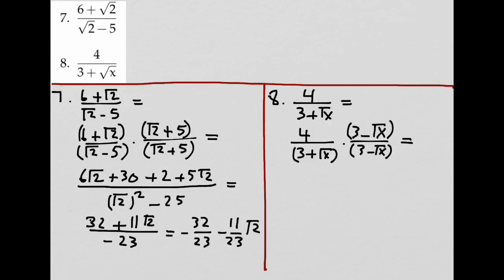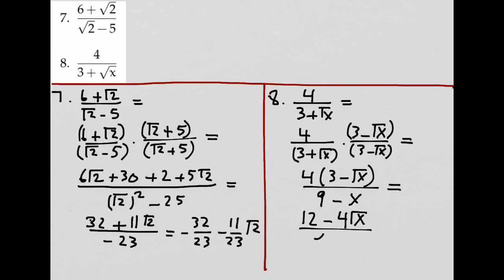That's equal to 4 times 3 minus root x divided by 3 squared, which is 9, minus root x squared, which is x. That's equal to 12 minus 4 root x, all divided by 9 minus x.